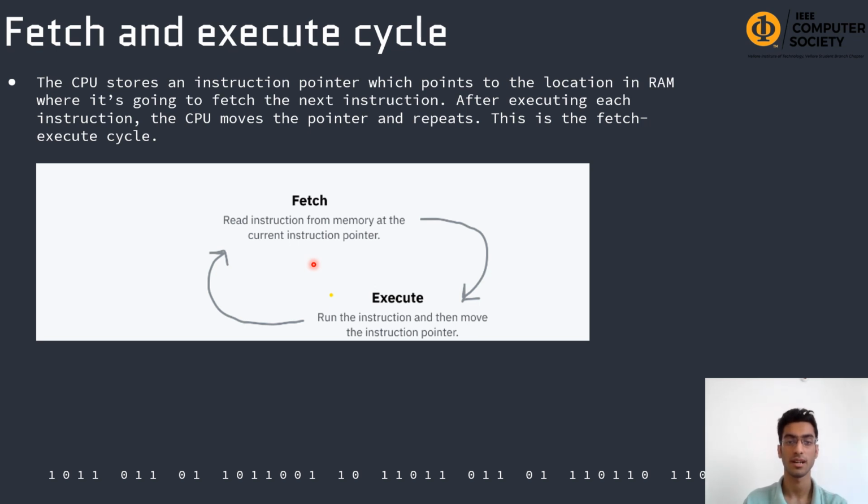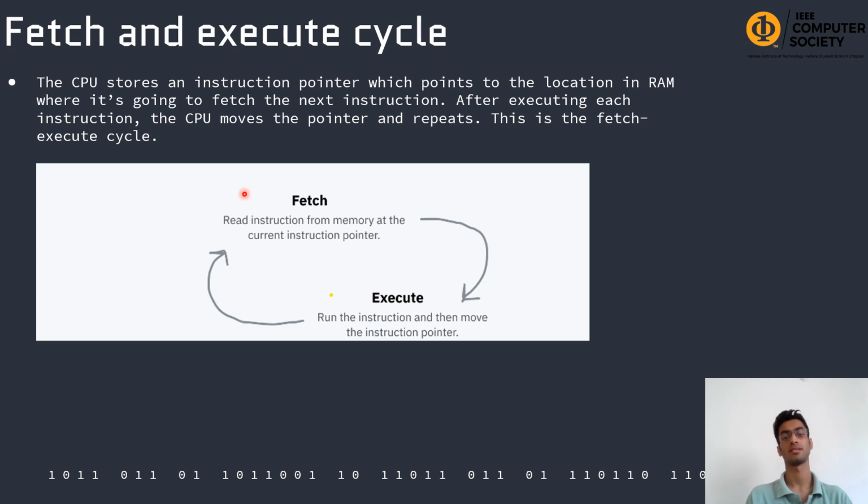Registers are small storage buckets that are extremely fast for the CPU to read and write to. Each CPU architecture has a fixed set of registers which are used for everything from storing temporary values during computations to configuring the processor.